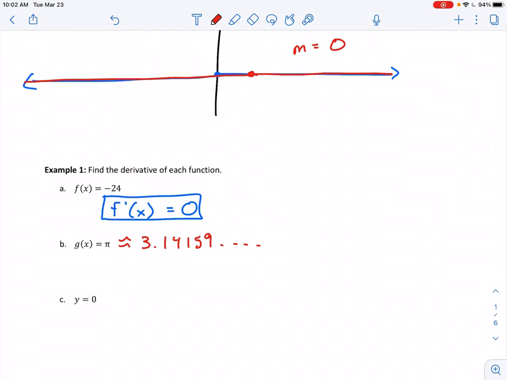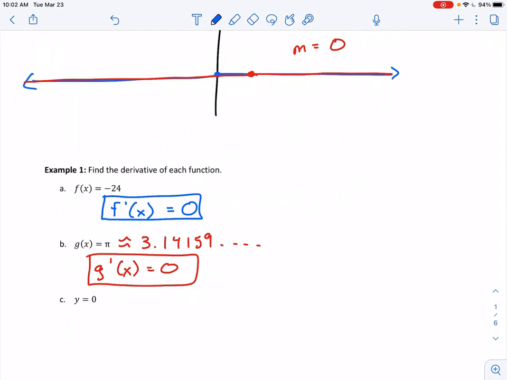It's an infinite decimal that does not repeat itself, but it's still just a constant. It doesn't depend on x in any way. So if I want to take the derivative of g of x, g prime of x in this case is just 0. And I don't have to show any work. There's my derivative.